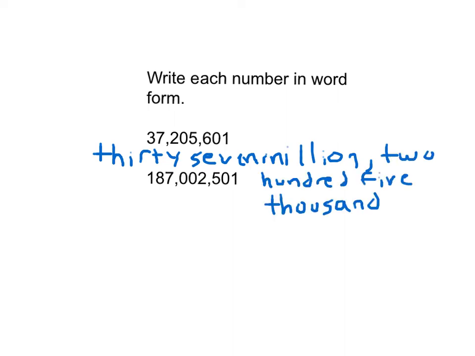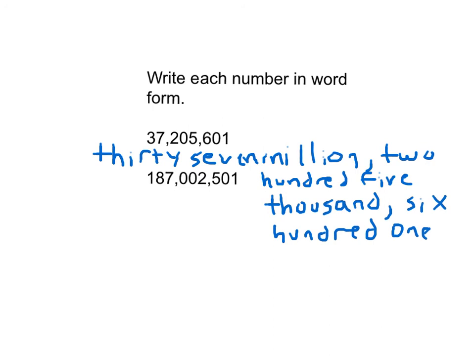I've written that out, place a comma, then finally it says 601. So that is 37,205,601. I just read it by looking at the number, and this is what I wrote.